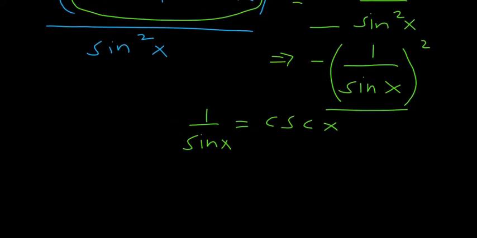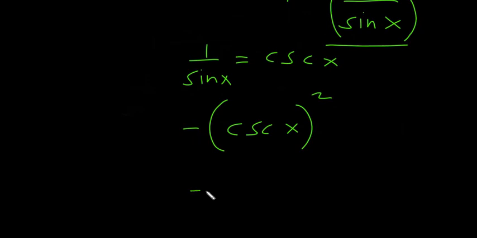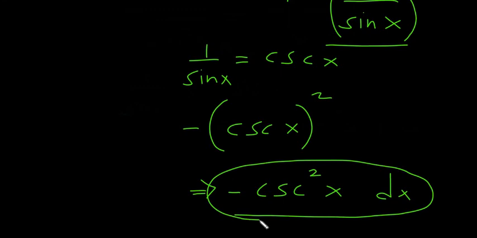So this means that we can write it as negative, and then instead of having 1 over sine x, we're going to have cosecant x, squared. So when we work this out, we can write it as negative cosecant squared x, and that is going to be the derivative of the cotangent of x.